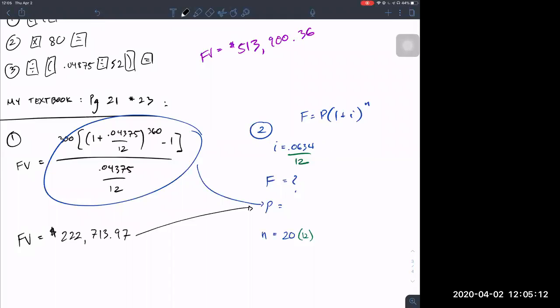Professor, for F equals P times 1 plus i, we'd still have to add the compounding period there, right? Right. Just the same exact way that I wrote it there next to the letters, 0.0634 divided by 12.